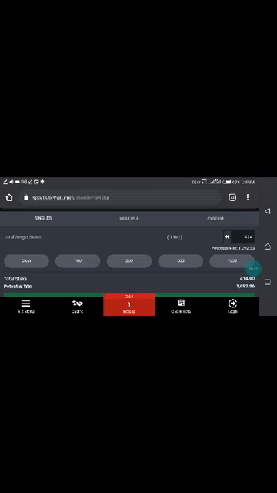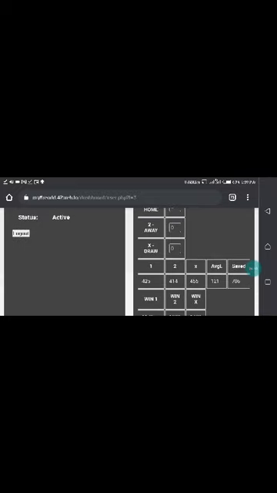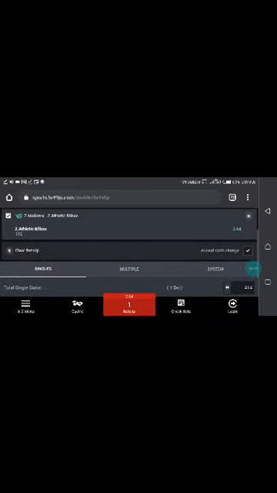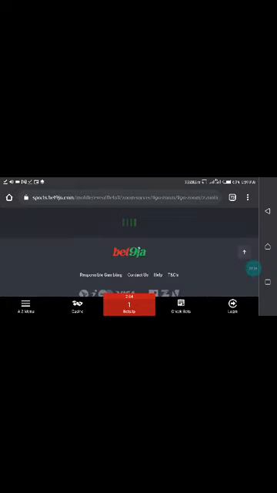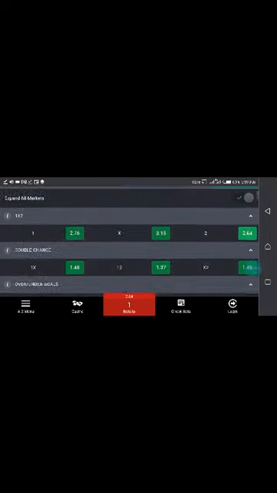Now let's go over to the other odds. For the draw, we're going to be staking 455. So let's go over to the draw and tick for the draw.